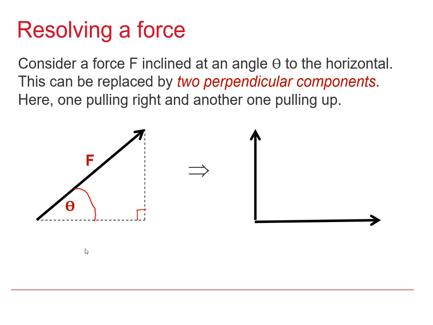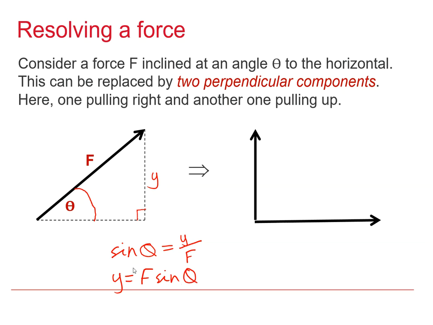So if I write down one of my basic trig equations related to this triangle, I know that sine theta is going to be, well, let's say if I call this y, then that would be y over f. Okay, opposite over hypotenuse, and I would rearrange that then to say that y is equal to f sine theta.